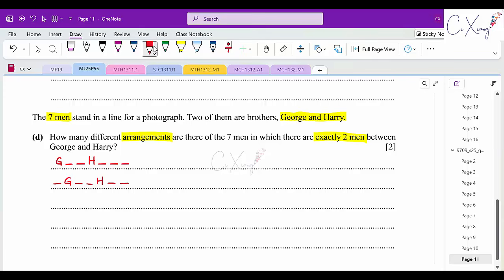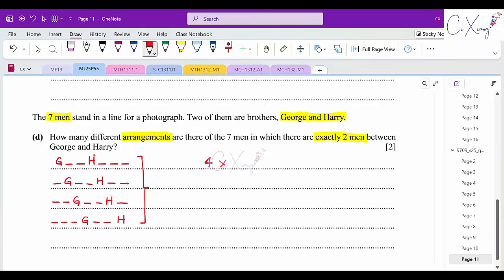That's the second position. Then the third position for George and Harry will be this. Then the last possible position for George and Harry will be this one. Okay, so from here, you can see that there are 4 possible cases for us to place George and also Harry. Therefore, I multiply with 4 first. So the 4 here basically means the 4 cases here.